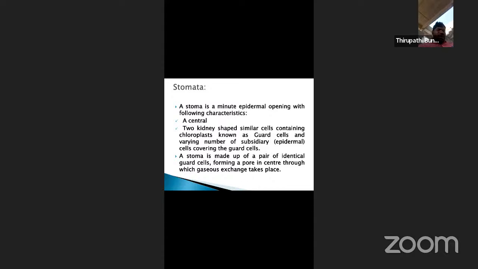Unifacial leaves are cylindrical structures, and the distinction into upper and lower surface is absent.